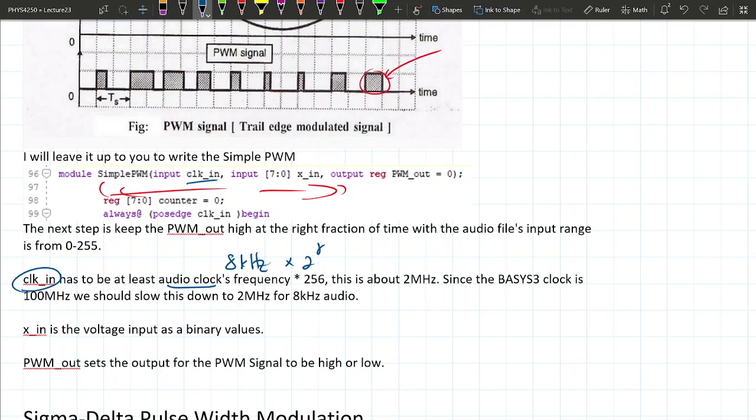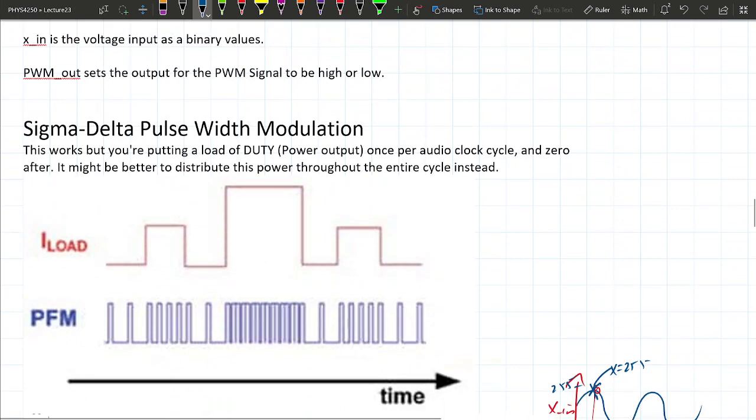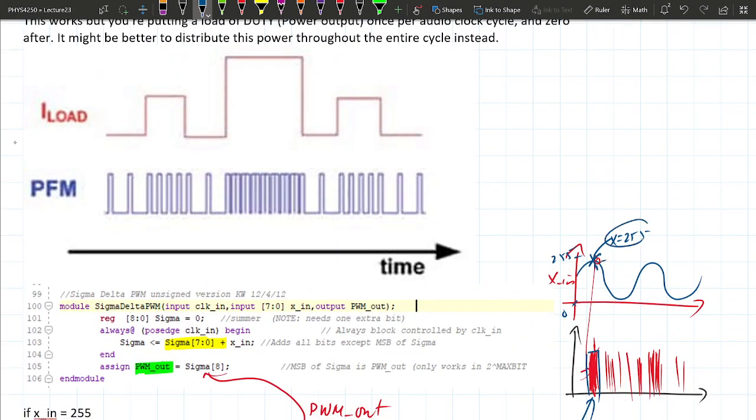Whatever the clock for the pulse width modulation is, you have to be able to go up and down 256 times per audio clock cycle. The audio clock changes at 8,000 times per second, and inside each 1/8,000th of a second, you're going up and down 256 times.